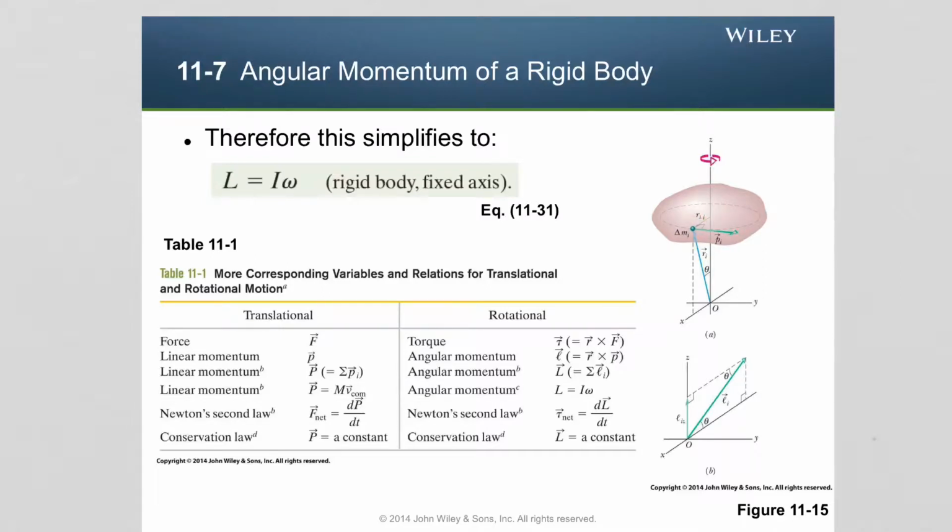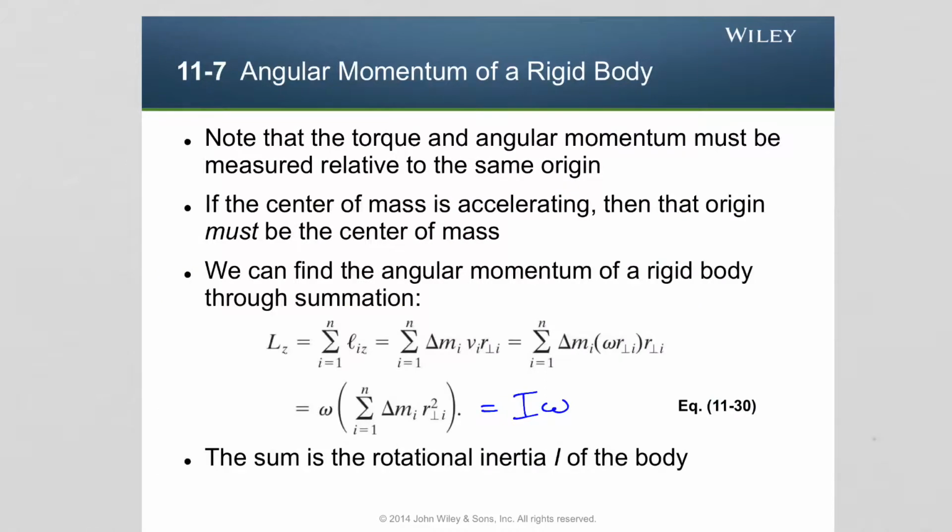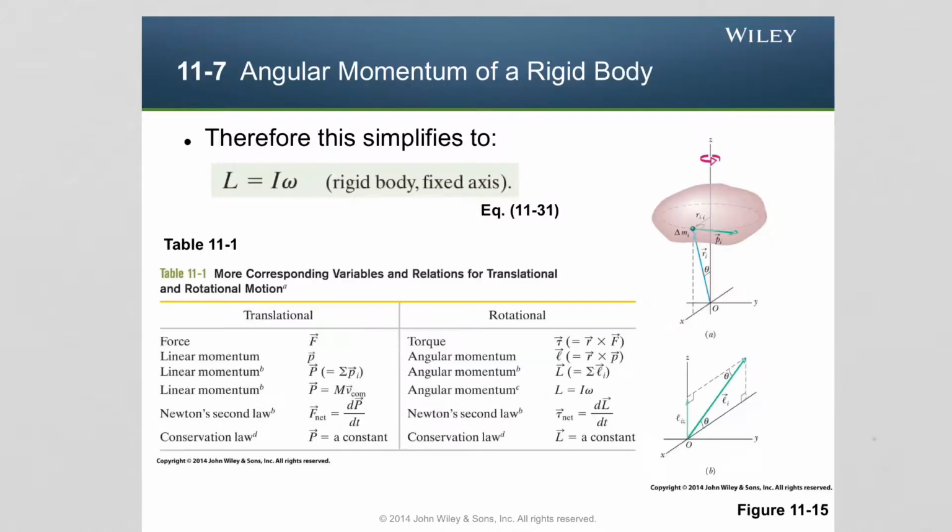The linear momentum of the particle is p sub i. And so then multiplying the mass of the particle, the distance from the axis of rotation, and the magnitude of the linear momentum gives me the magnitude of the angular momentum for that particle. Then I can perform the exact same operation for all other particles, sum the results, and I end up with this general result for the entire rigid body.